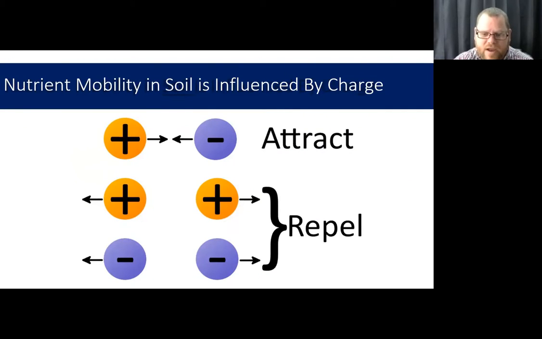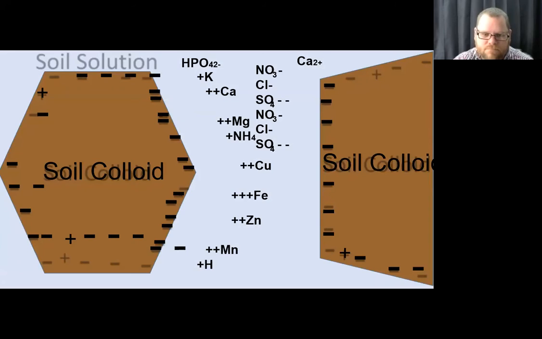Again, opposites attract, and the same repel. We can see here where we have positive nutrients and negative nutrients, and these nutrients are going to repel. These nutrients are going to attach to a soil colloid.